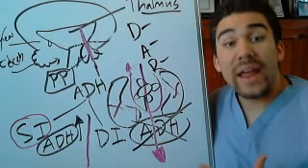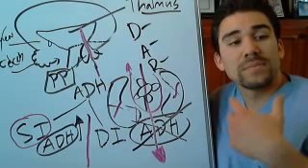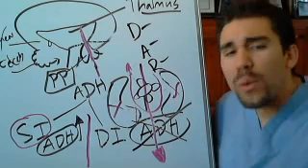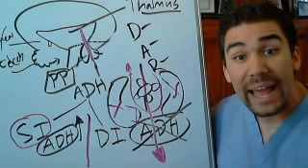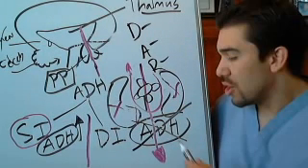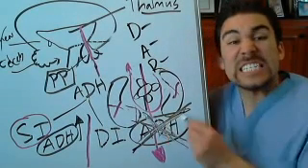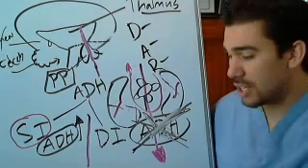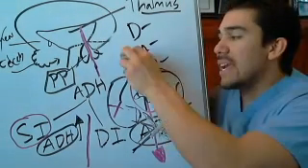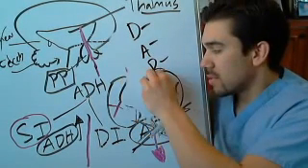Now, on the other hand, for DI, diabetes insipidus, all we're really telling your ADH to do is to die, right? Die, ADH, die, right? That's all we're telling ADH to do. So we're saying, ADH, get your turnstile out of here.